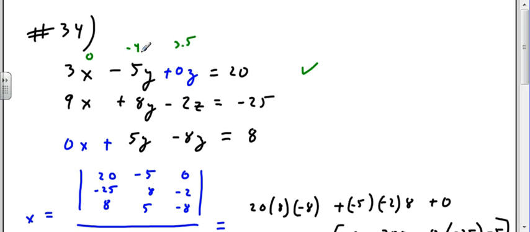The second guy, minus 4. So minus 4 times 8 is minus 32, right? So minus 32, that doesn't check.